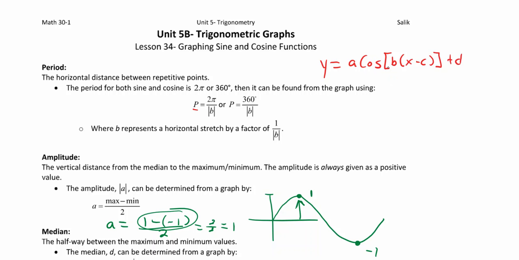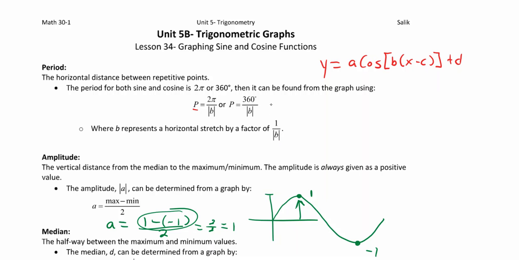You probably remember that this b value, if we were looking at the actual graph, is your horizontal stretch, and it was always doing the opposite. If b had a value of 3, what actually happened on the graph was a factor of 1 over 3. So that's the same idea here. Our b value is stretching the graph by a factor of 1 over b.